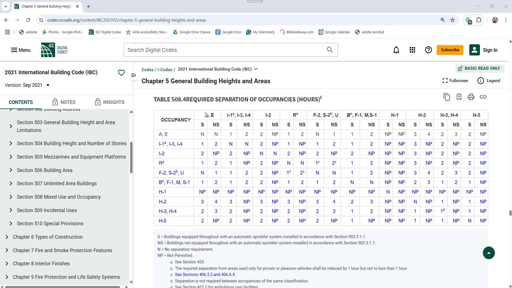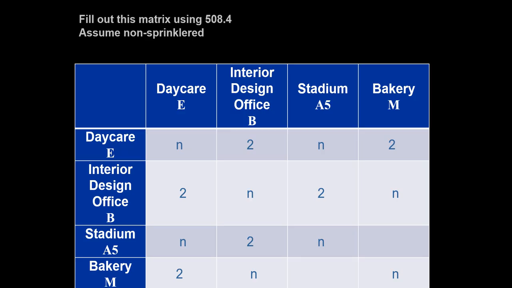So the occupancy for the stadium is an A5, and so looking down again, not sprinklered, going to the B for business, it's going to be 2-hour rated. And the business and mercantile over here, you can see that they're not rated as well. So that gives us more things to look at here and put on our chart.